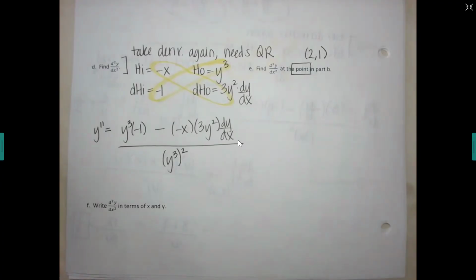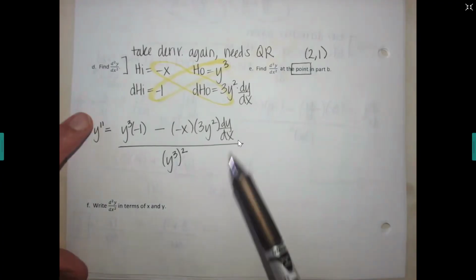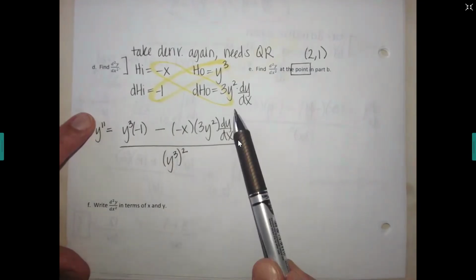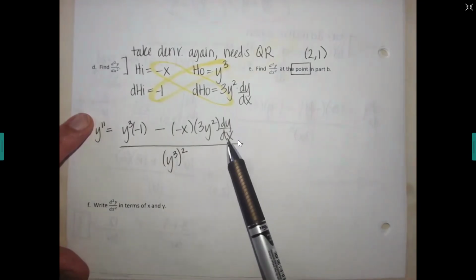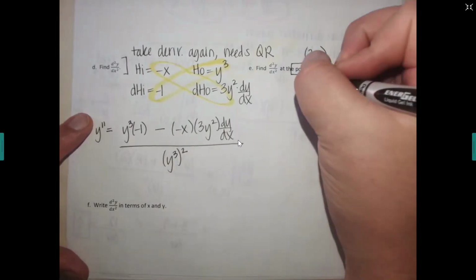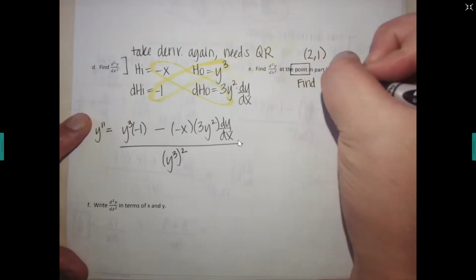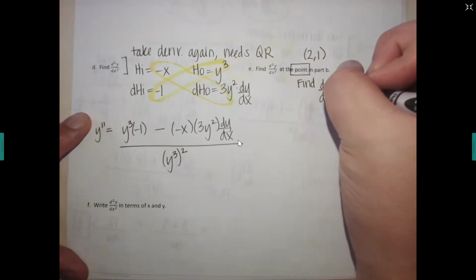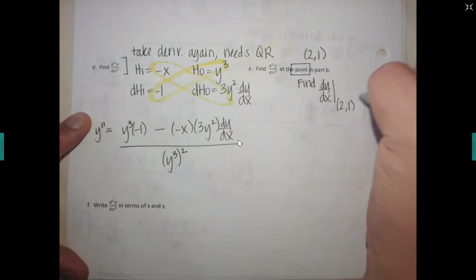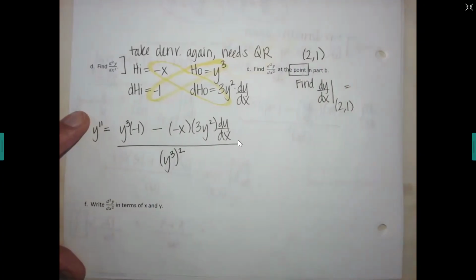What extra ingredient do I need before I can plug in here? I need to know the dy/dx, or the slope, correct? So I'm going to find dy/dx at that point first before I plug in, because I have to know the answer for the first derivative to be able to plug in for the second derivative.